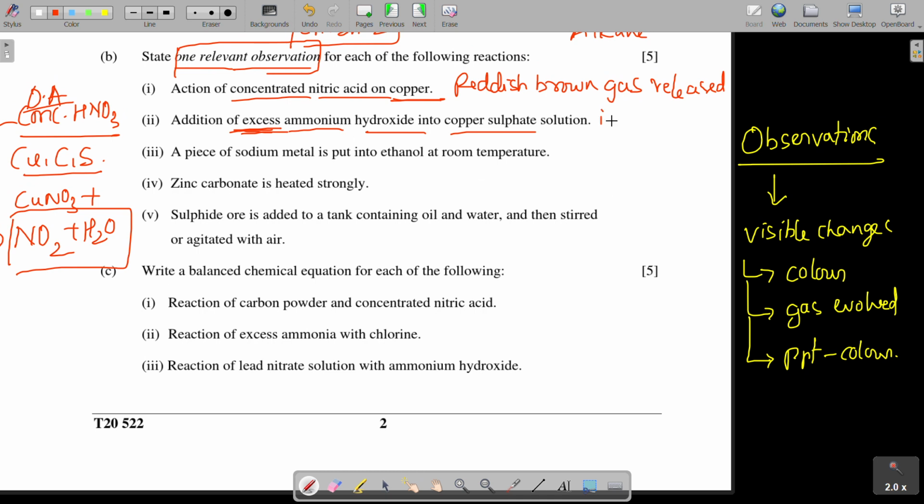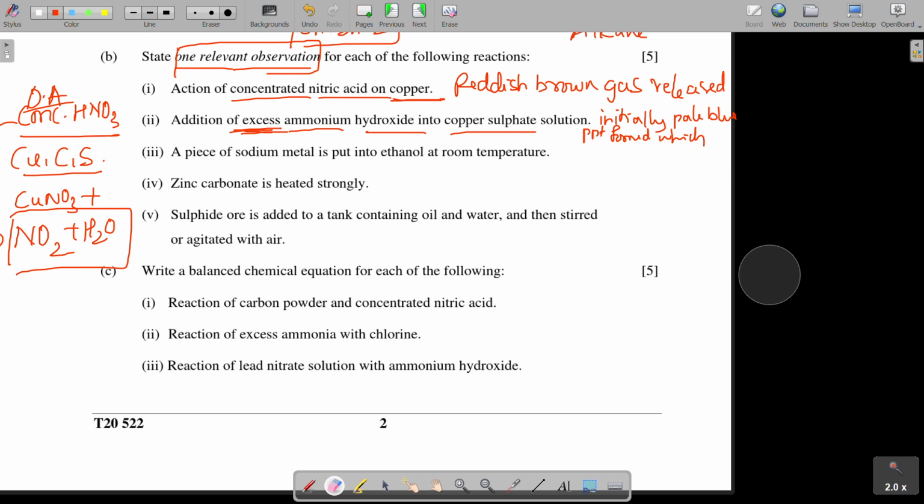So initially a pale blue precipitate is formed, which dissolves in excess ammonium hydroxide solution to form an inky blue or deep blue solution.